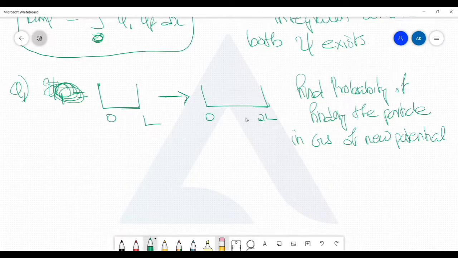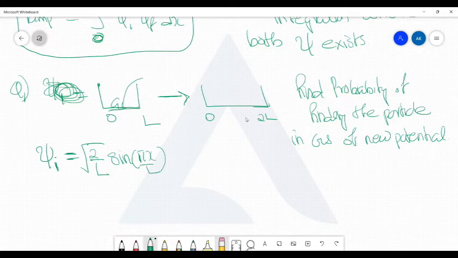Okay, so you have psi I, which is equal to root 2 by L sine, I'm taking it is in the ground state, pi x by L.